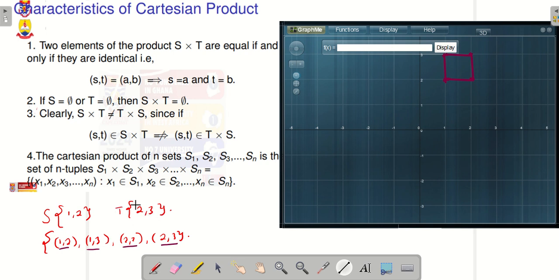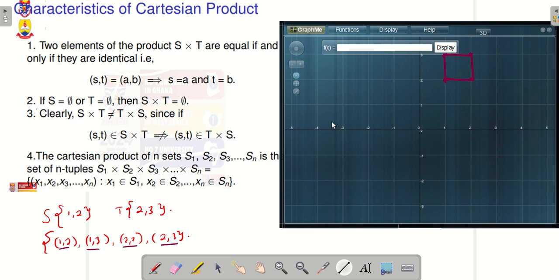Now because {1, 2} and {2, 3} form a Cartesian product in this region, what the first property is saying is that if you pick any point either on the rectangle or inside the rectangle, any point you pick will differ from the other. Two points cannot be the same.